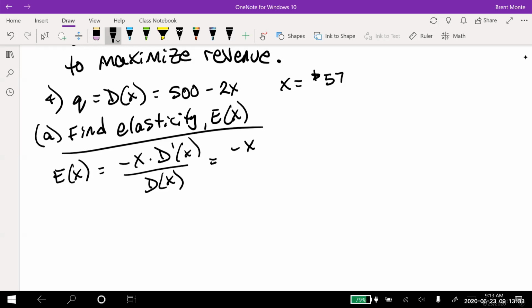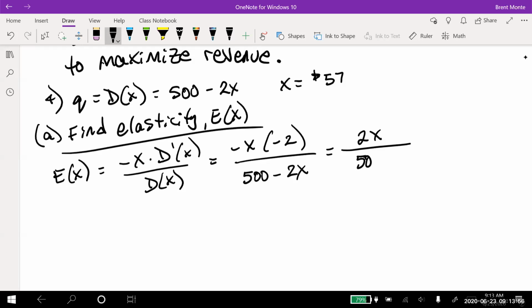So negative X, well, the derivative of 500 minus 2X is negative 2, over the original function, 500 minus 2X. So I get on top, negative X times negative 2 is positive 2X over 500 minus 2X.